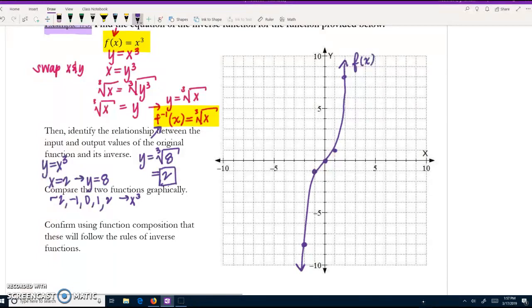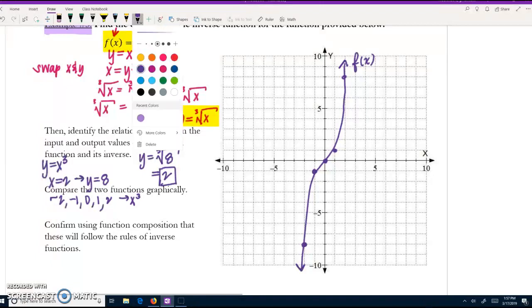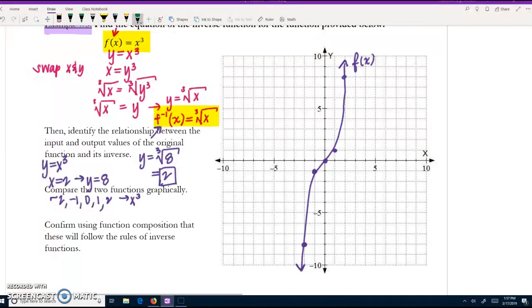Now our cubic root function is one that we haven't spent a lot of time graphing in class yet, but we are going to be graphing it together tomorrow. You can also graph that on your graphing calculator, or we can just pick some values to plug in. So let's go ahead and plug in -8, -1, 0, 1, and 8 into the cubic root of x. If we plug -8 into the cubic root, that's going to give us -2.